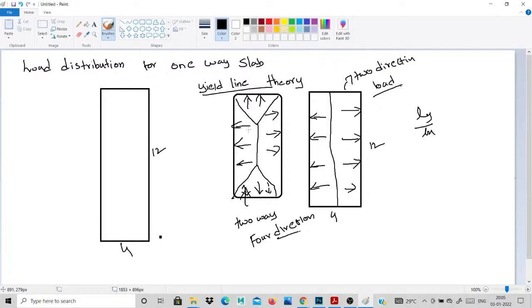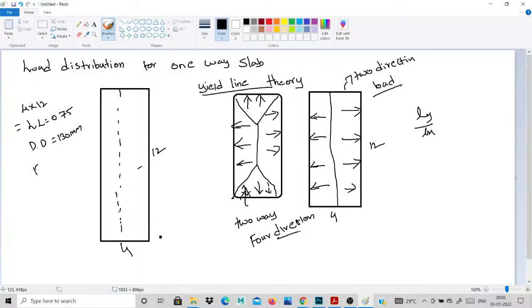First of all, how do we calculate the load distribution for a one-way slab? See, this is a one-way slab and this is our yield line pattern. I take only a single slab, 4 by 12. This is my live load, 0.75. The dead load is for a 130 mm thickness.